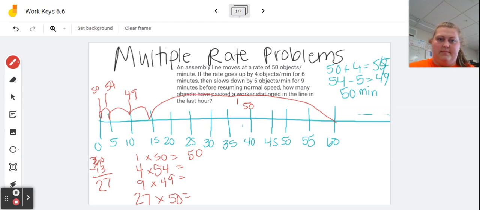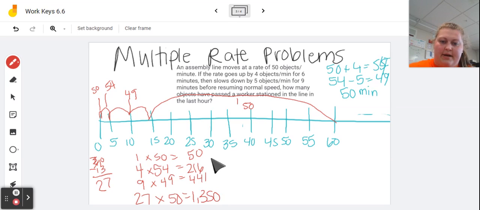Four times 54 gives me 216. 9 times 49 is 441. And 27 times 50 is 1,350.